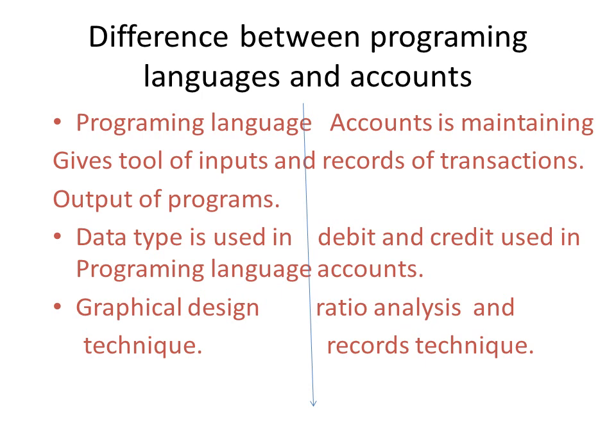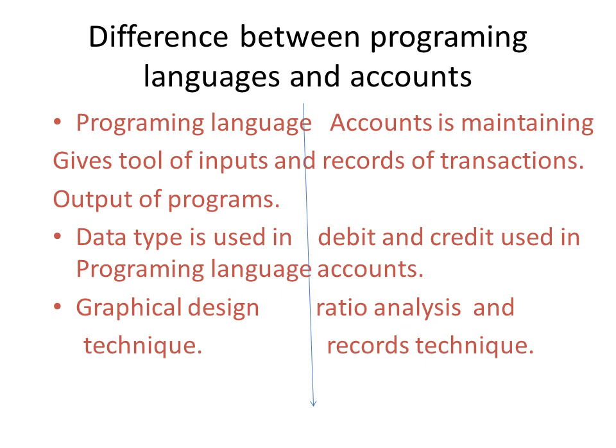For example, A is equal to so and so, B is equal to so and so, then the output reflects on the basis of the step conditions only. In accounts, debit and credit are used, and a data indicator is only used in accounts.